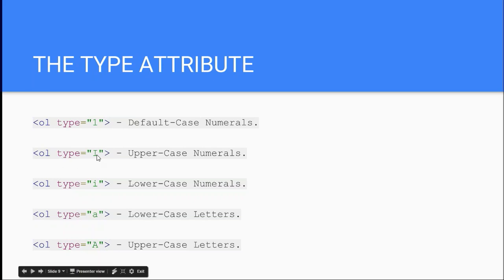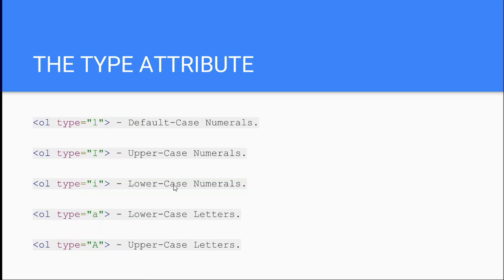If you type I, you'll get uppercase roman numerals, and if you type small i, you'll get lowercase roman numerals. If you type a, you'll get lowercase alphabets. If you type capital A, you'll get uppercase alphabets. Let's try the first 2 examples so that you'll understand it better. Let's try the first example.